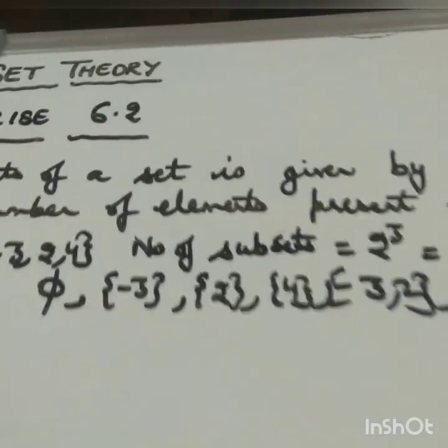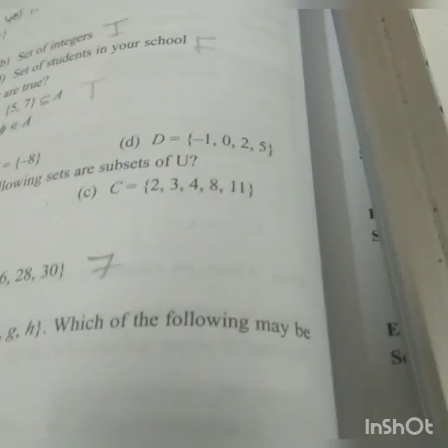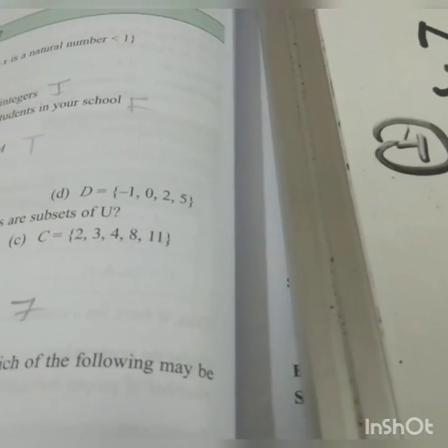Now, question number 5 again. Which of the following sets are subsets of U? Now, U is 1, 2, 3, 4, 5, 6, 7, 8, 9, 10, up to 10. All the elements of A are contained in U, so A is a subset of U. B is also a subset of U. You can see all the elements are there.